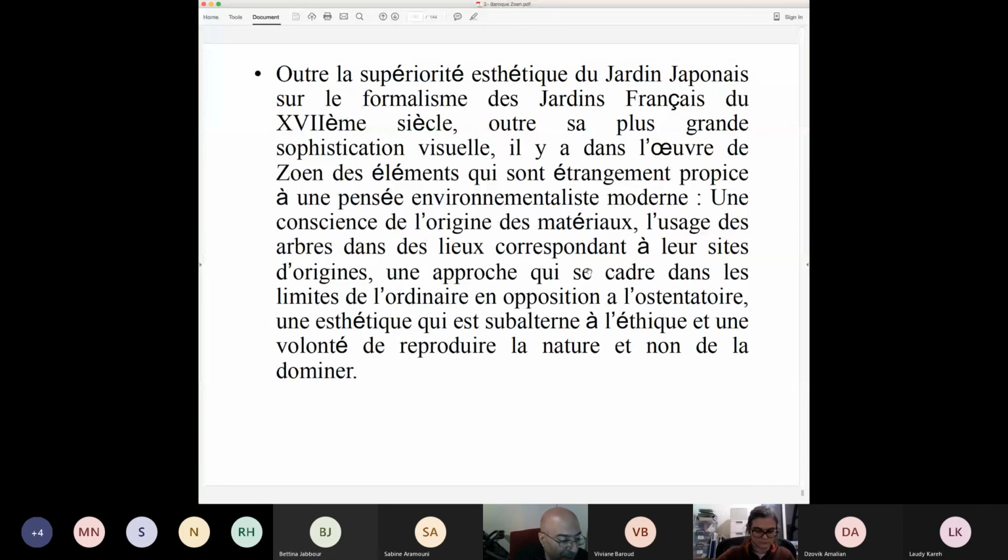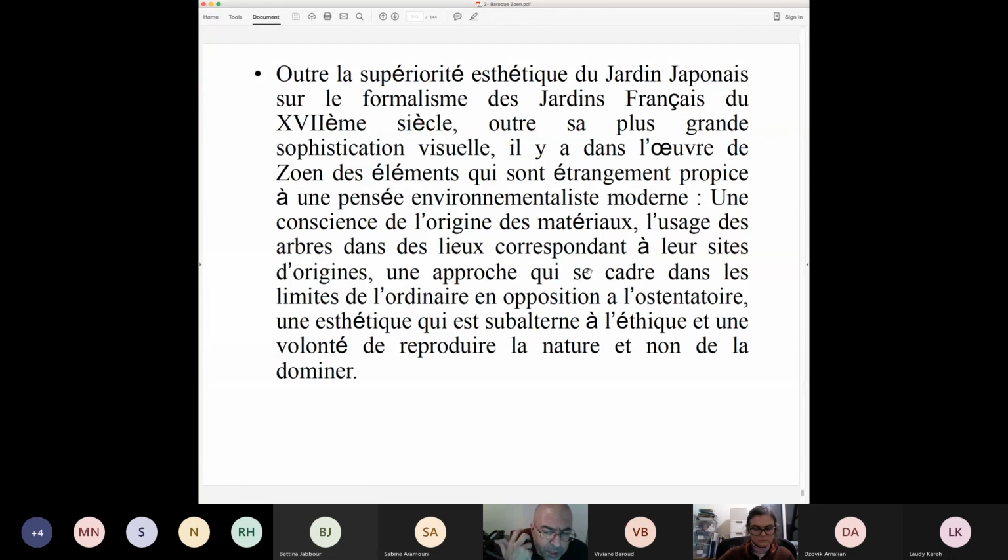The environmentalists have been screaming for the longest time that we should become conscious of where our materials come from, to, as much as possible, use the closest material possible. So, consciousness of material, the origins.